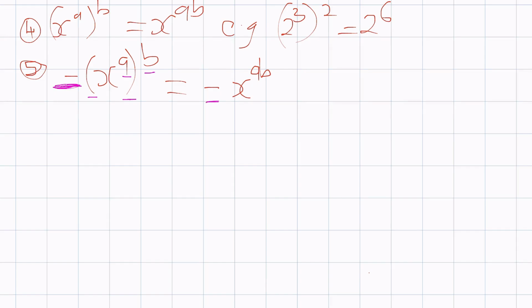This is different from a question which says minus x to the power of a, all this being raised to the power of b. When you're doing this, it will give you minus x to the power of ab. I want you to note this very important example, because it seems similar.